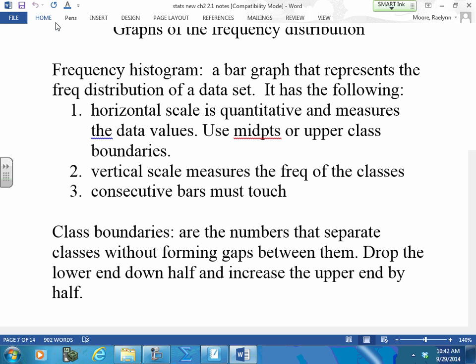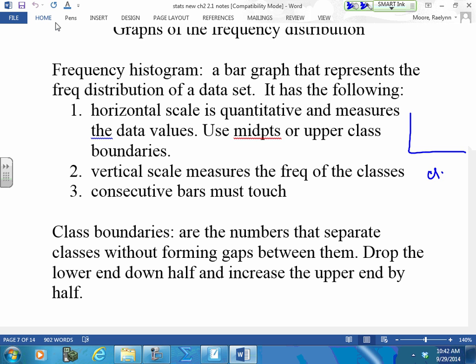Now, on page 44, this is your frequency histogram. This is the same as your bar graph that you know and love for all these years. You took your frequency and you made it into a bar graph. Now, your horizontal axis, your x-axis, is where your classes go.